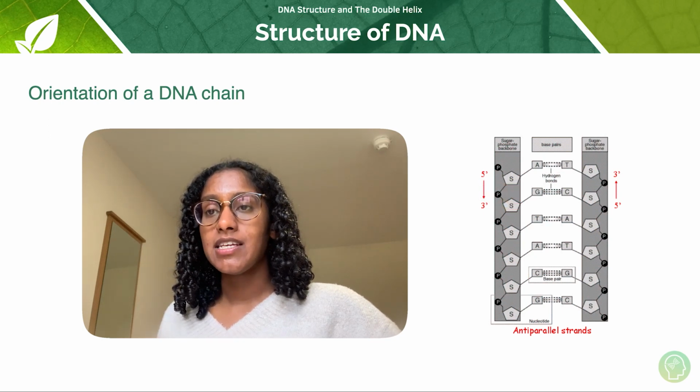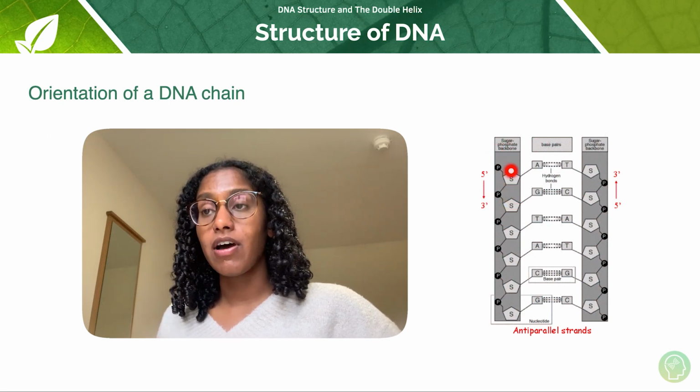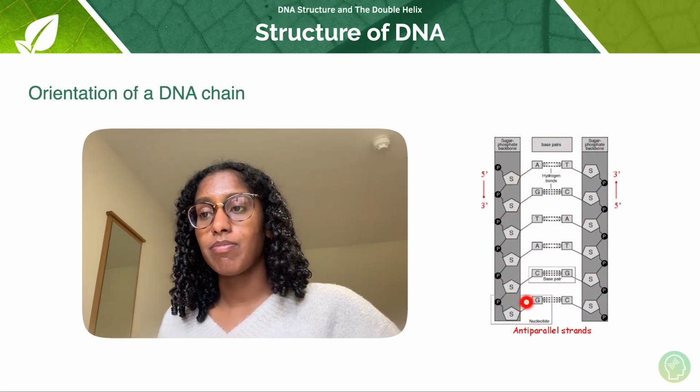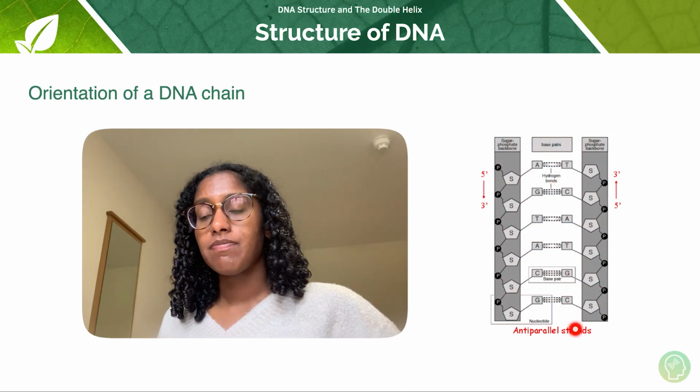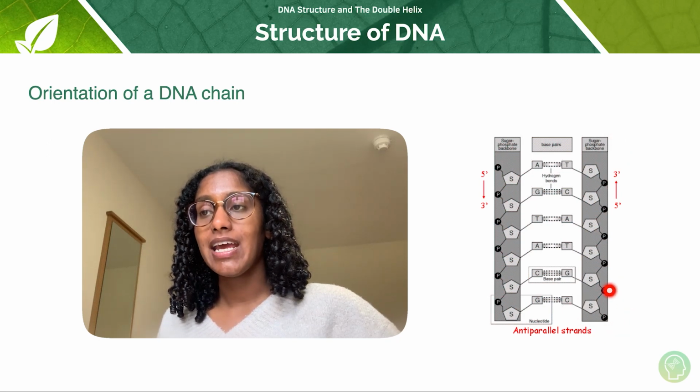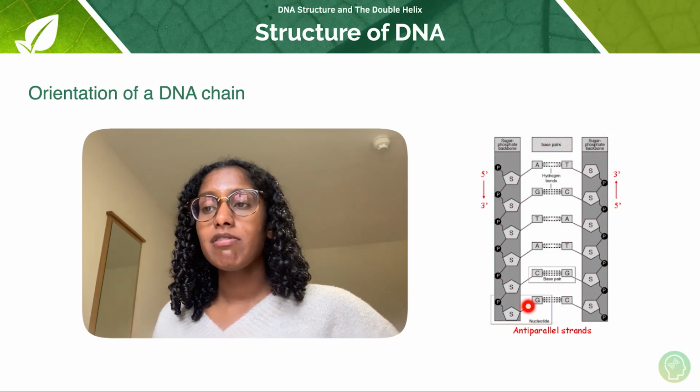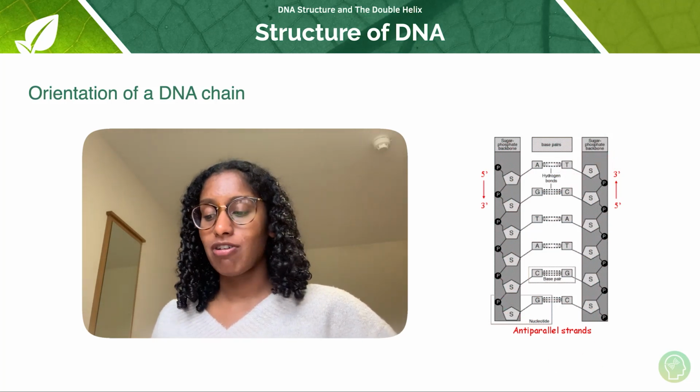So that means that the DNA runs from the start at the 5' end to the end at the 3' end. So this would be 5 and this would be 3. And the other strand of DNA in the double helix runs in the opposite direction. So 5' is now down here, and the end of the strand is the 3' end, which is why we refer to them as antiparallel strands.